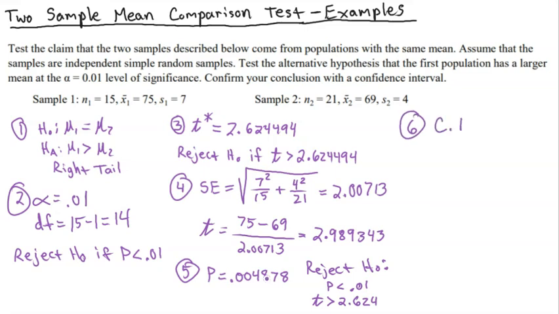Okay, so we're going to do our confidence interval here. And the way we're going to do our confidence interval is we're going to take x1 minus x2, and then we're going to add and subtract the margin of error. The margin of error, remember, is going to be t star times the standard error.